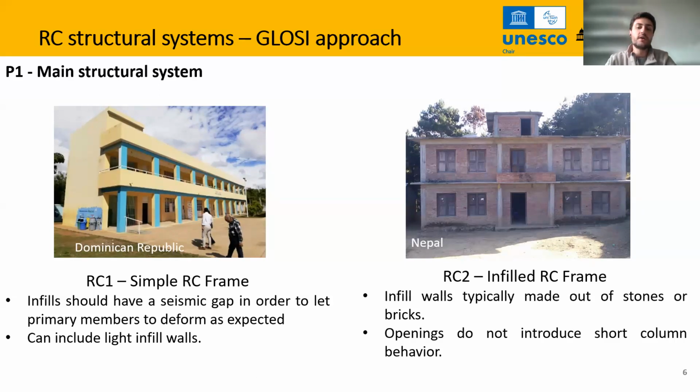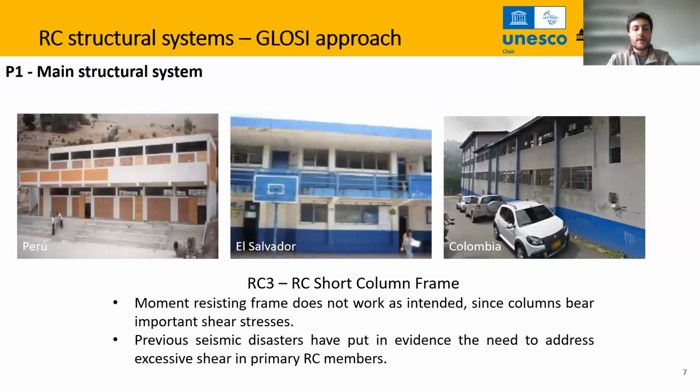It can generate, for example, some soft story mechanism or some out of plane behavior, but not the particular short column. And this is because in the GLOSI approach, this additional structural system known as RC3, or RC short column frame, is included, because in school buildings, as you can see in this part, it's very common to have this type of windows.